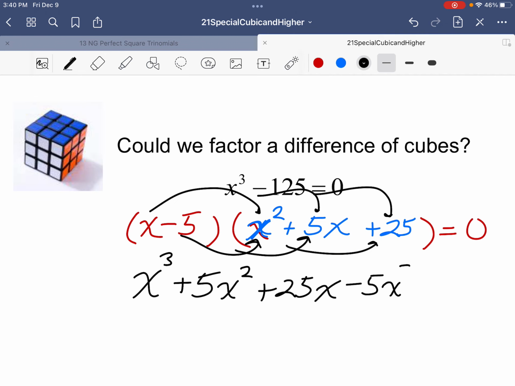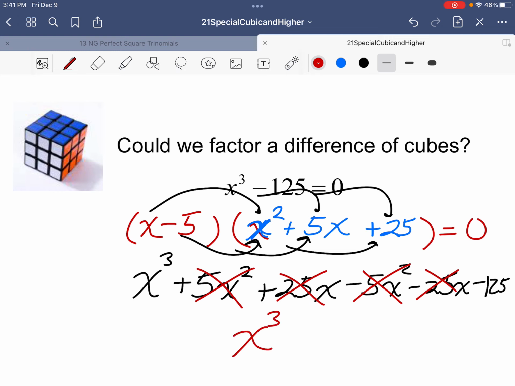What I'm doing here is just distributing, and I'm doing it kind of quickly, but you can see that we get some things to cancel, like these 5x squareds and these 25x's. Oh my gosh, we just end up with x cubed minus 125.